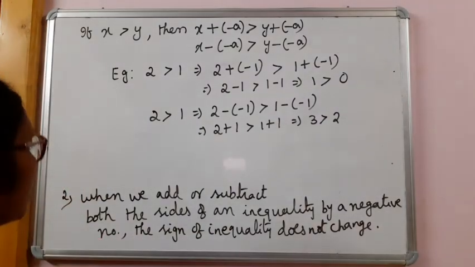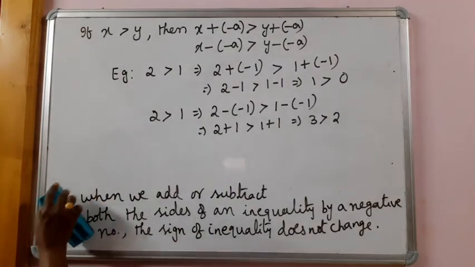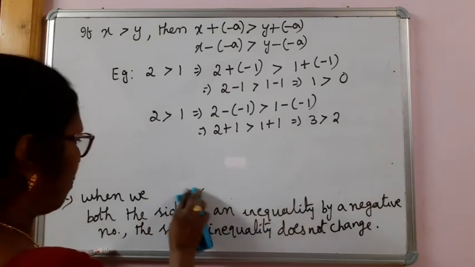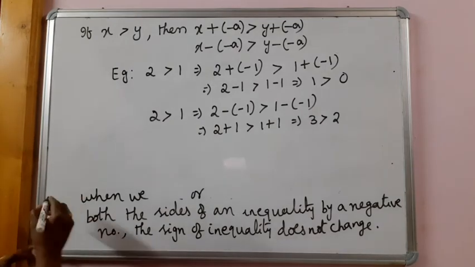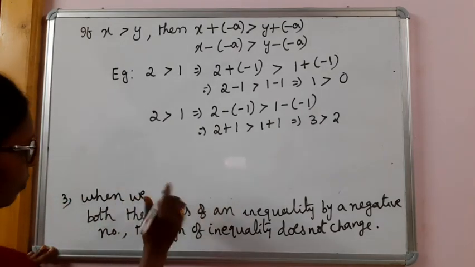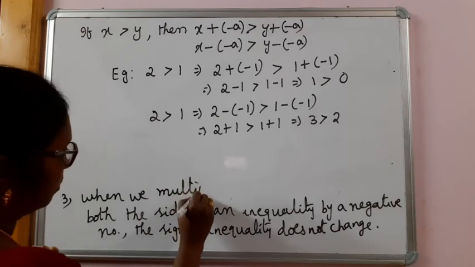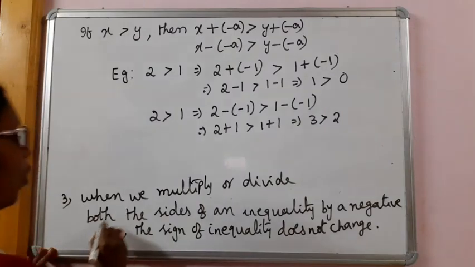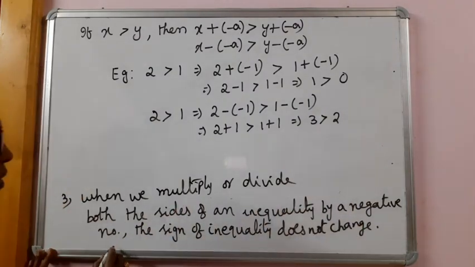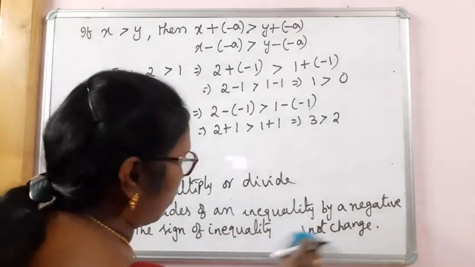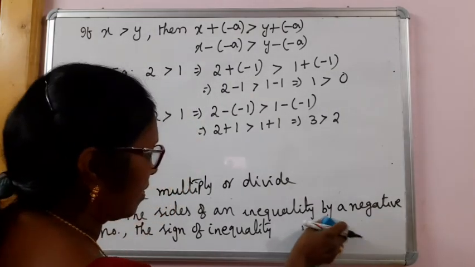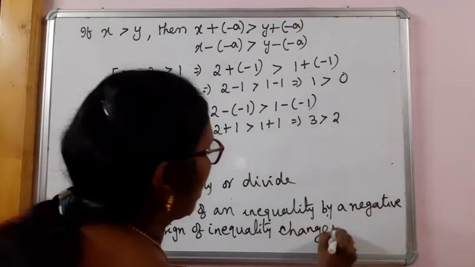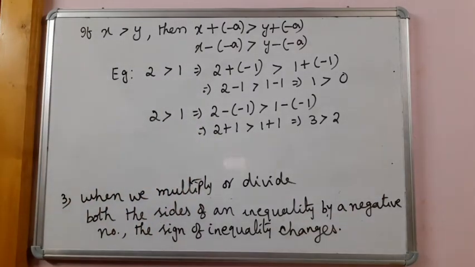Okay? And your third property is when we multiply or divide both the sides of an inequality by a negative number, the sign of inequality changes. The sign of inequality changes. Here we have to be very careful. What is that?